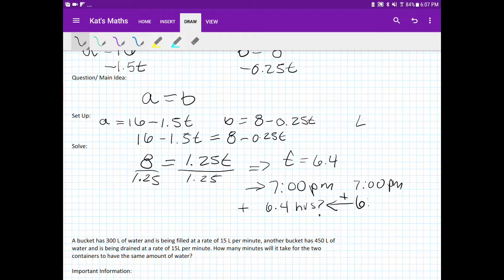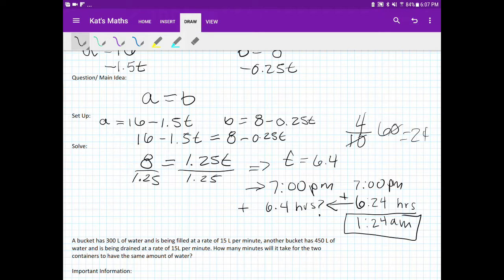And then 0.4 is 4/10 of 60 minutes, so 24 minutes. So we're going to add 6 hours and 24 minutes to this time. And because we switch over once we hit 12 hours, we end up saying it is 1:24 a.m. Oops, that's not supposed to be a p.m. That's just hours. So they are the same height at 1:24 a.m.